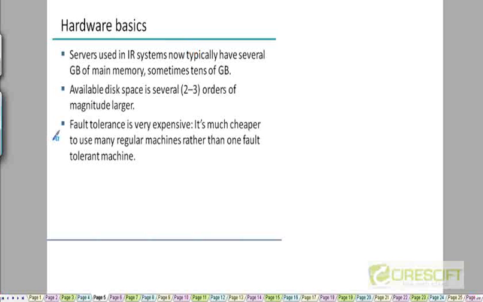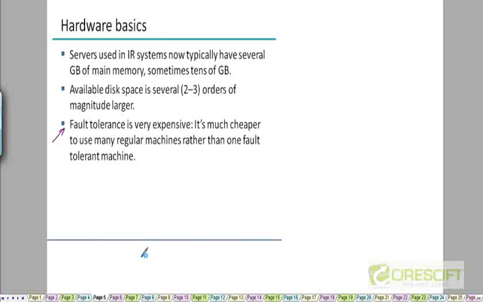The other thing to note here is that for IR systems, it does not make sense to buy very expensive machines that are fault tolerant. In other words, machines that will never fail.